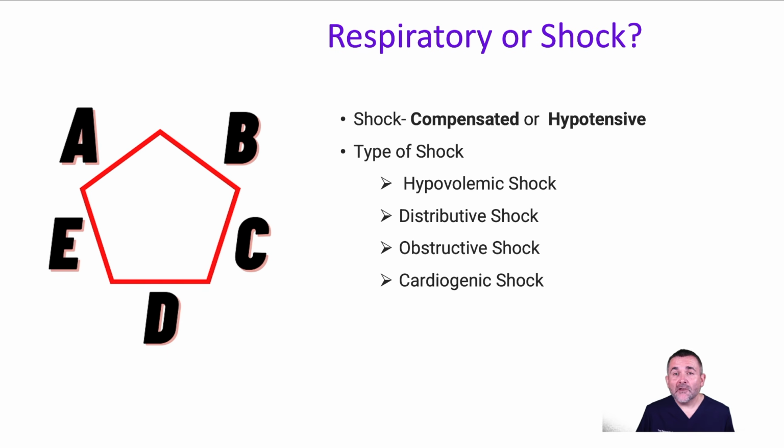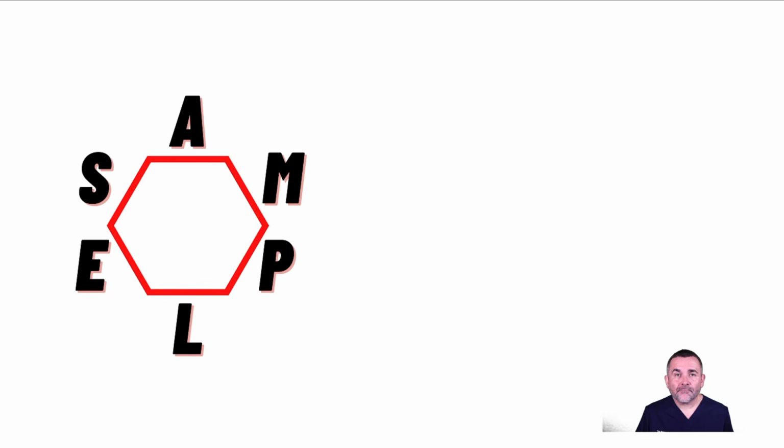Cardiogenic shock refers to reduced cardiac output secondary to abnormal cardiac function or pump failure, resulting in decreased systolic function and cardiac output. Common causes of cardiogenic shock include congenital heart disease, myocarditis, arrhythmias, and cardiomyopathy.